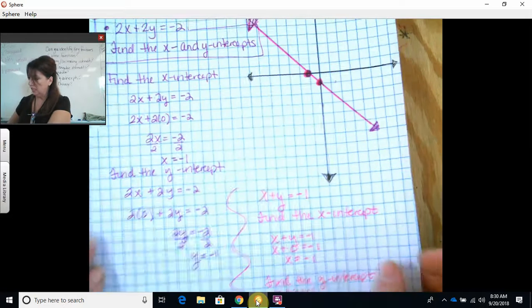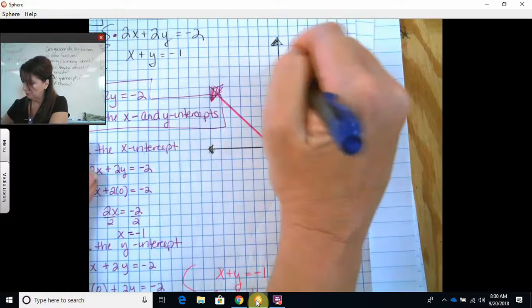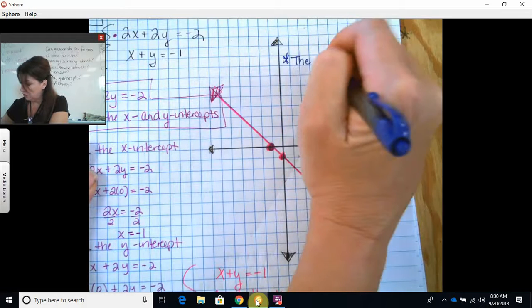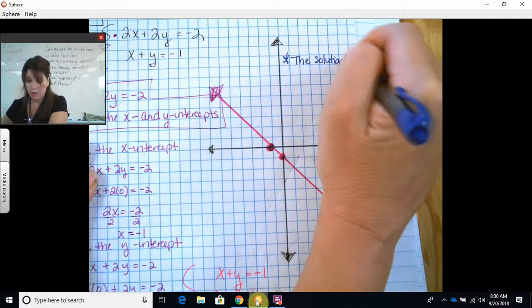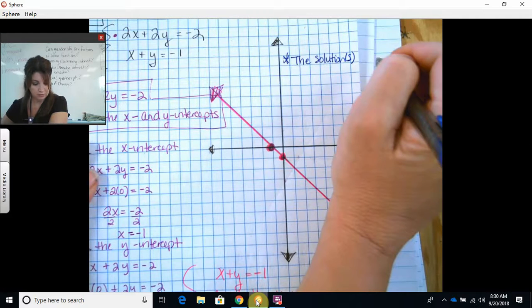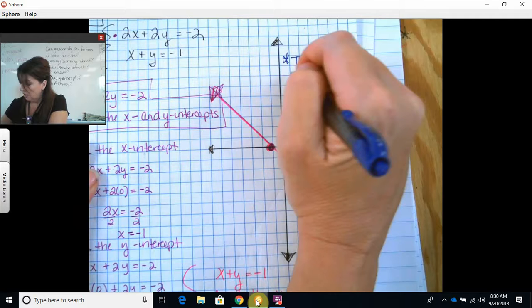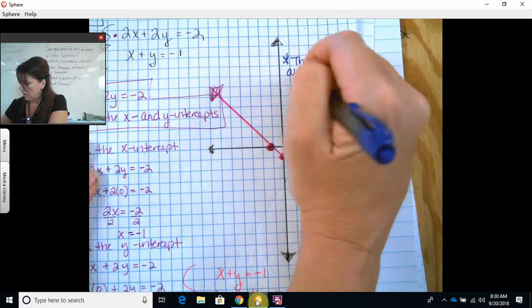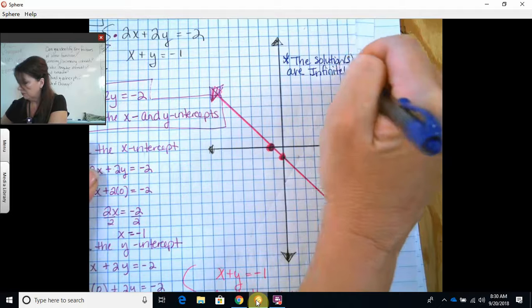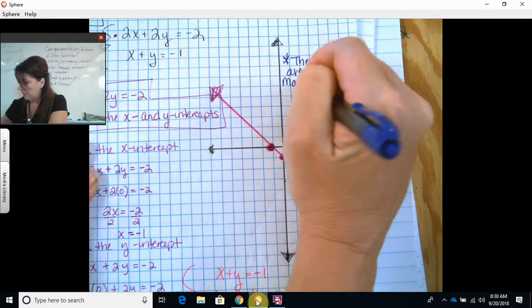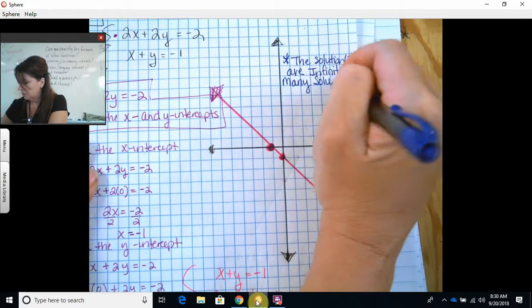So let me just write a little explanation up here. The solution, or I'm going to put in parentheses S, the solutions are, I guess you would say, infinitely many solutions.